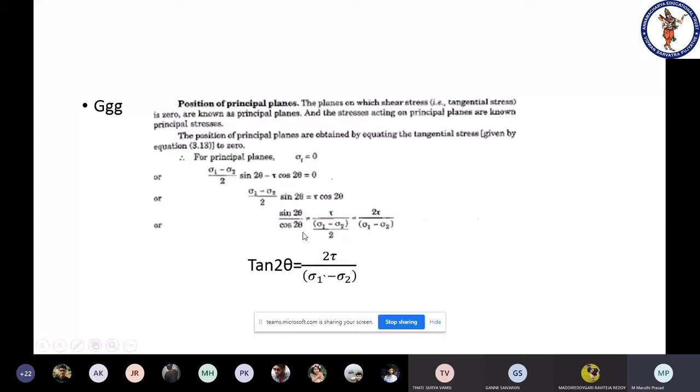So sin 2 theta by cos 2 theta is equal to tan 2 theta, which will be 2 tau by sigma 1 minus sigma 2. So here, by equating the tangential stress with 0, we got the value of tan 2 theta, which is nothing but 2 tau by sigma 1 minus sigma 2.